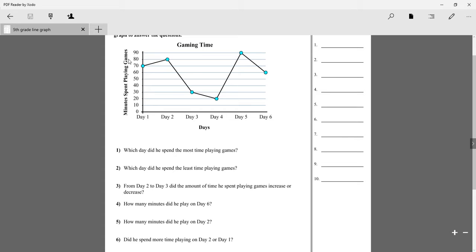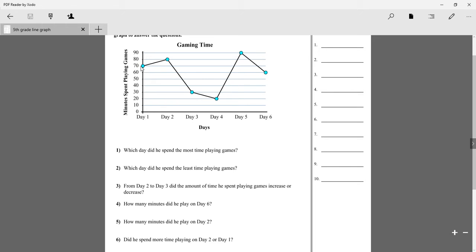Okay? And we can see how many minutes he played by looking where the dot is, and then going over and looking at where that dot is on the y-axis, and that'll tell us how many minutes.